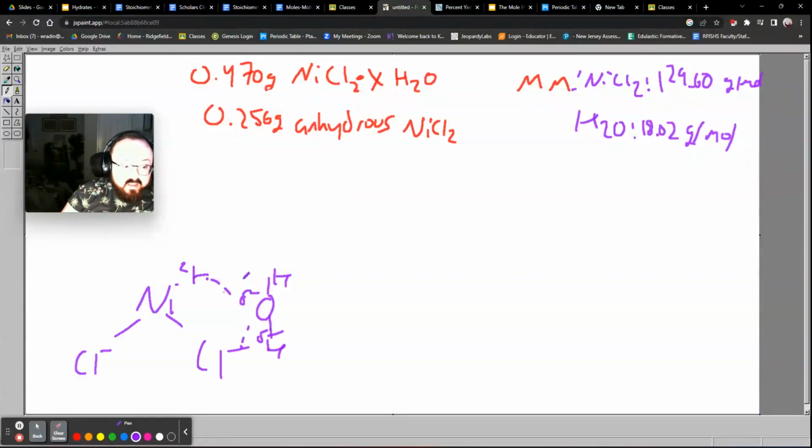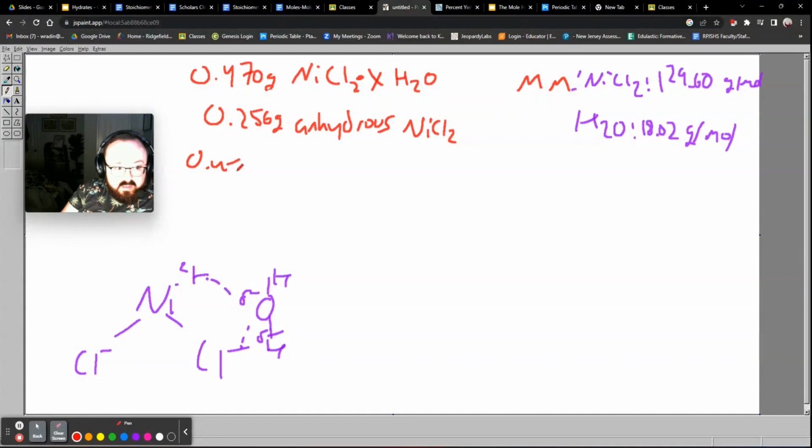And what we can do is, because these bonds are weaker, because they're intermolecular forces, we can burn them off, get rid of them, and basically dehydrate this by getting rid of the water. So anhydrous just means without water. So if we start with 0.470 grams of nickel chloride and we end up with 0.256 grams, the only difference between this and this is the water.